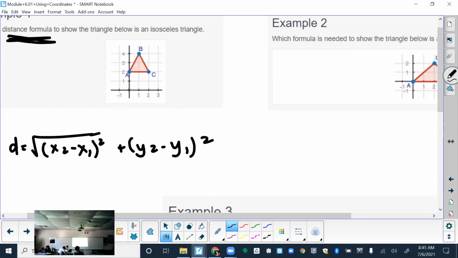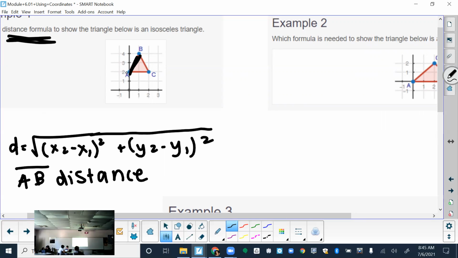All right, so here's the formula that I'm using for the distance formula. We're going to start by finding the distance between A and B, the length of that side. We need to figure out the coordinate for A. So what's the X, Y value for A? 0, 2.